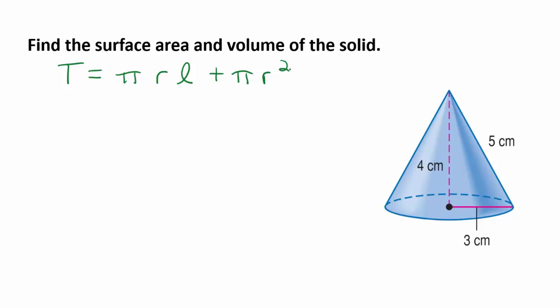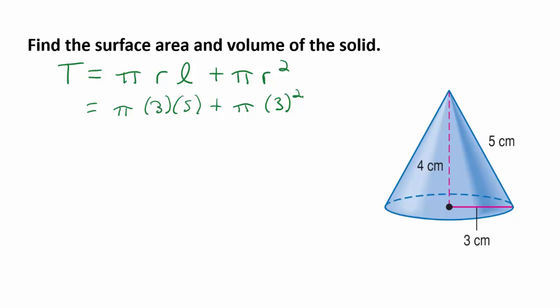Each of these letters represent something in this figure, and we're just going to plug those numbers in. r is going to be our radius, which is 3. L is going to be our slant height, which in this figure is 5, plus pi radius squared, again 3 squared.